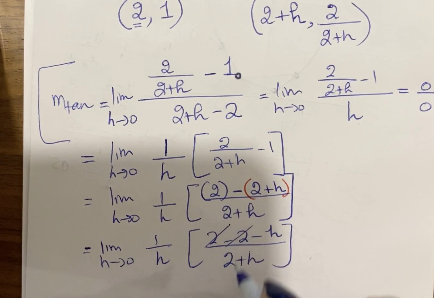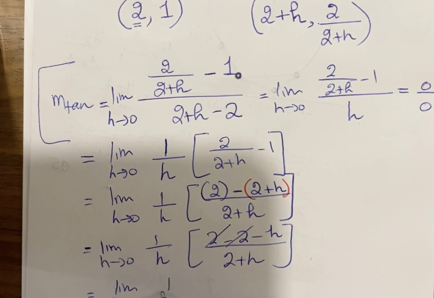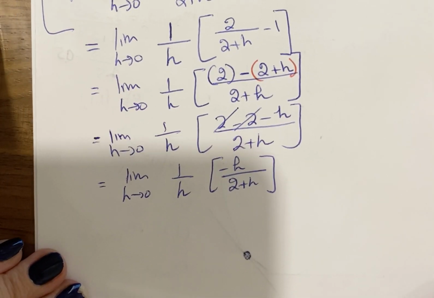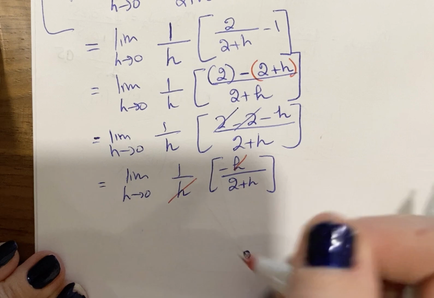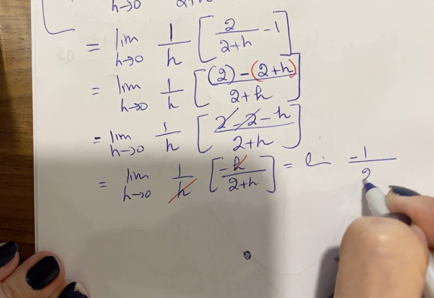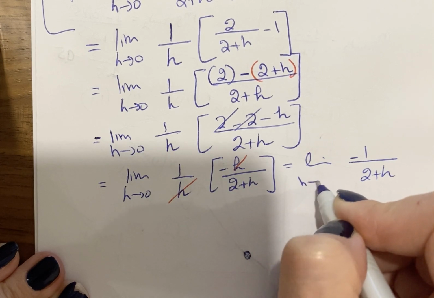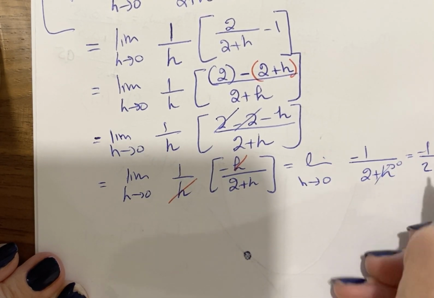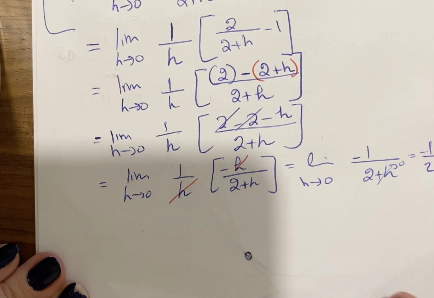The 2 minus 2 cancels. What do we have left? 1 over h times minus h over 2 plus h. You see the h we were looking for up and down? Here we go, they cancel. So what do we have left? And when we substitute h to be 0, what's the final answer? Minus half.